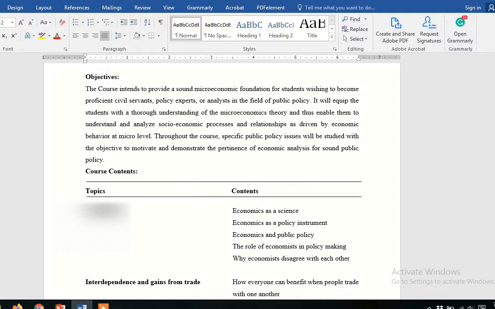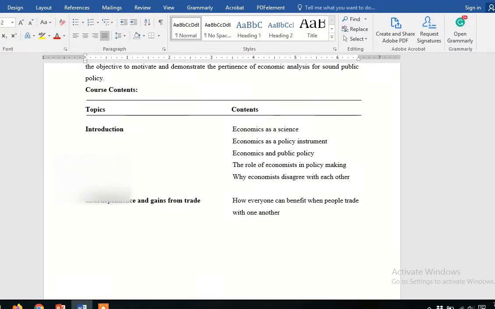We will start from the introduction, in which we will discuss economics as a science, economics as a policy instrument, economics and public policy, the role of economists in policy making, and why economists disagree with each other.